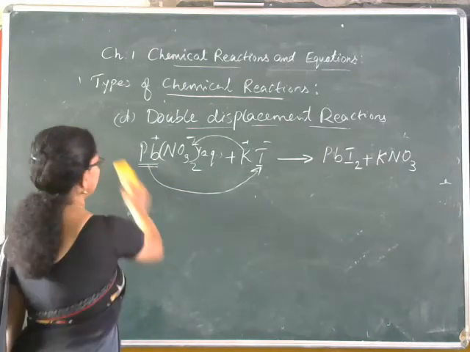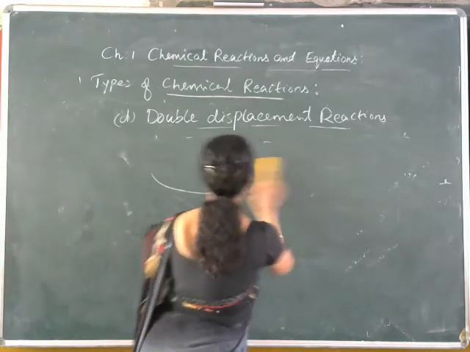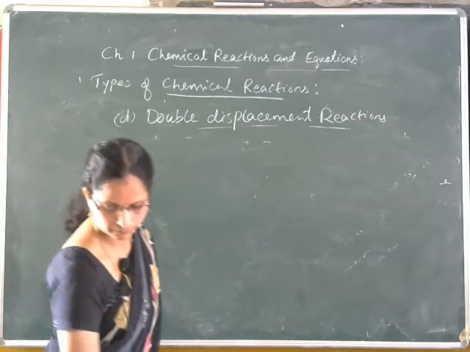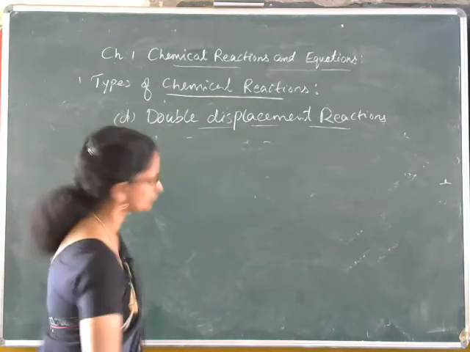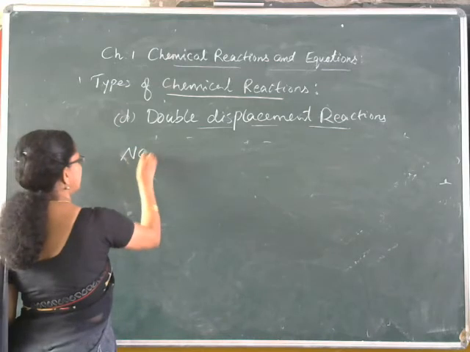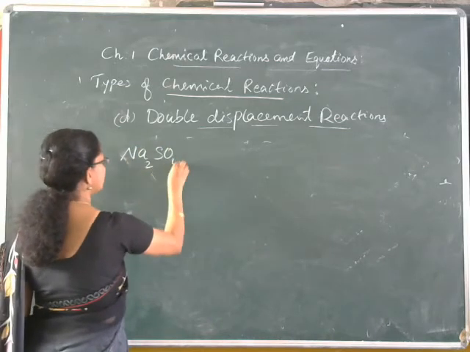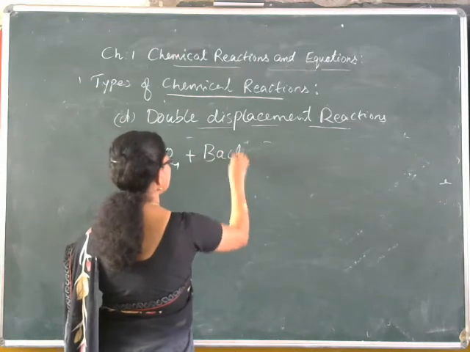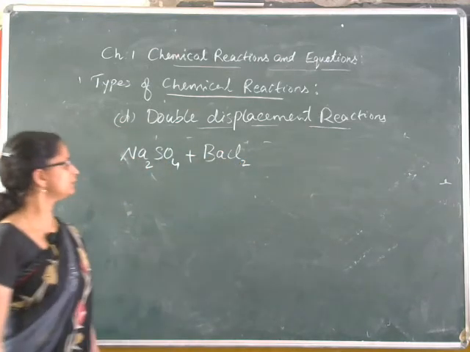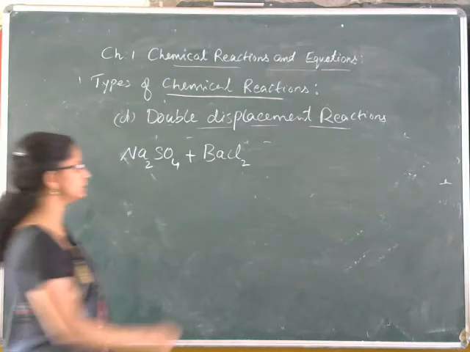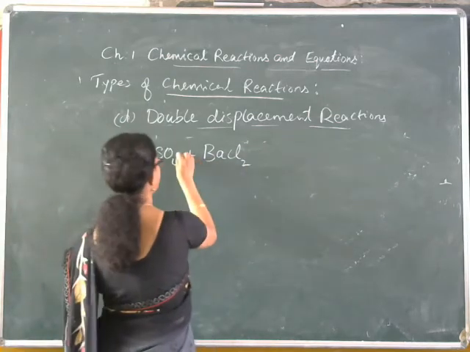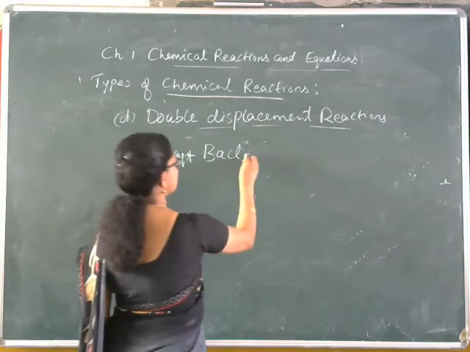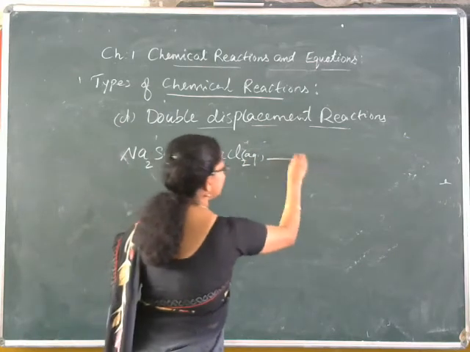Consider another equation. Sodium sulfate, Na2SO4, combines with barium chloride, BaCl2. Aqueous solutions of sodium sulfate and barium chloride are mixed together.